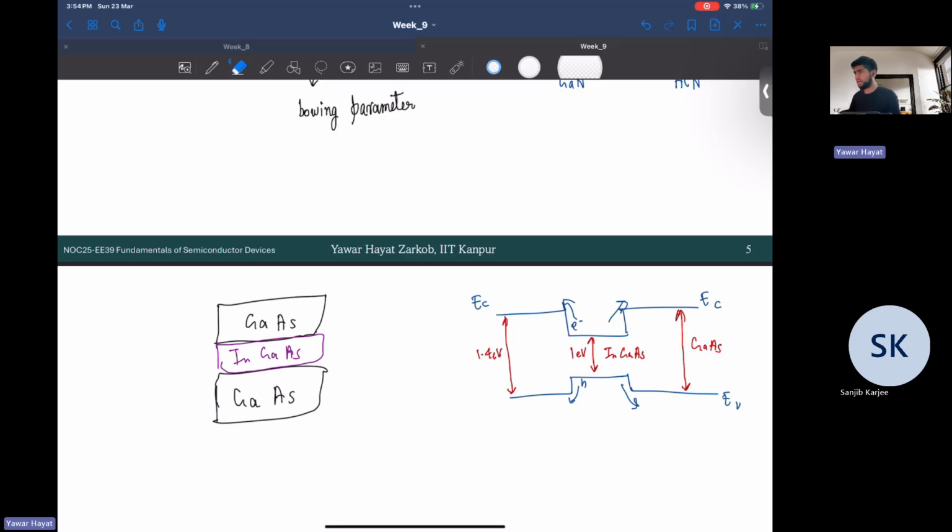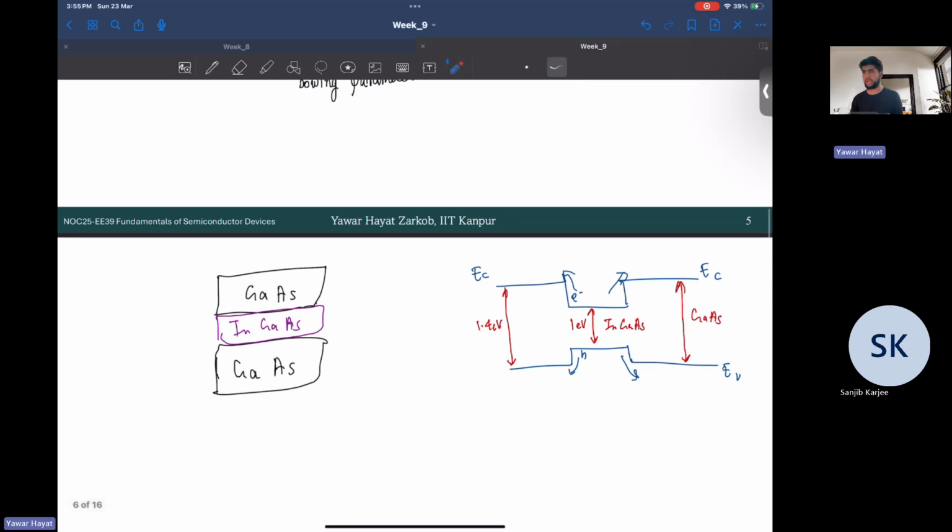And then there were types of heterojunctions. A heterojunction is formed when you have different materials. For example, suppose this is material A, this is material B. You join them and you'll have a heterojunction.